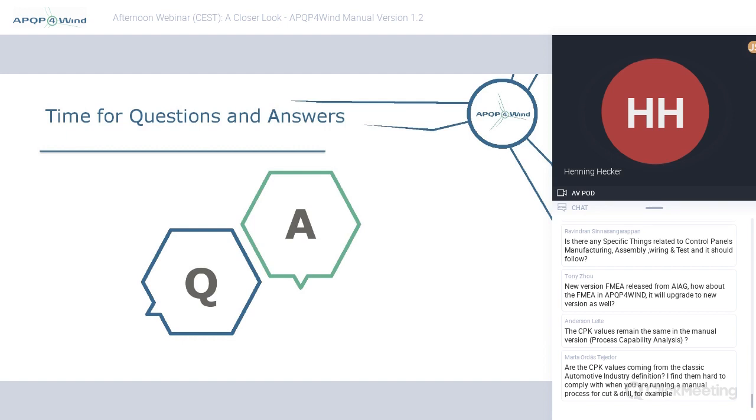So we checked this already, we looked into it already, and in the next weeks we have some workshops to figure out what is really the content of this, what AIAG changed, and whether it is really important for us in APQP4Wind. I don't think so, but there will be an outcome in the next couple of months from the different work groups when the experts were sitting and talking about that.